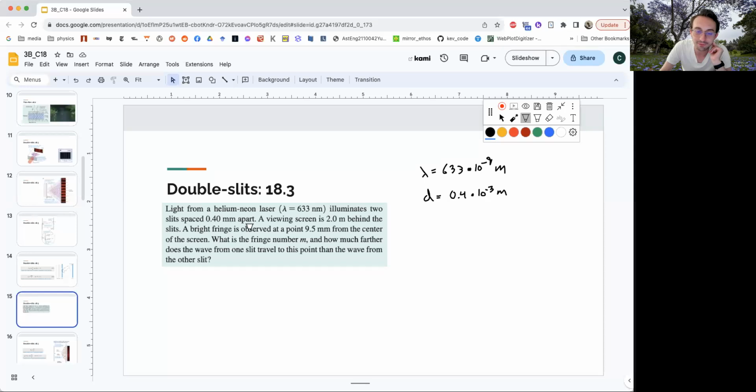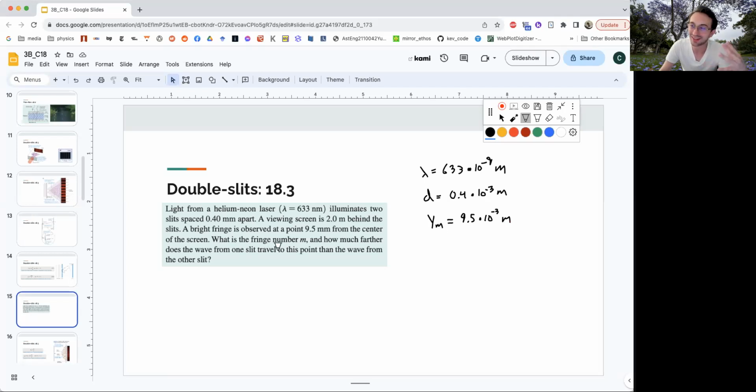And we see a bright fringe at a point 9.5 millimeters from the center of the screen. So our y sub m, where we see a bright spot, is a distance 9.5 times 10 to the minus 3 meters from the center. So you see how this y sub m is a physical distance.